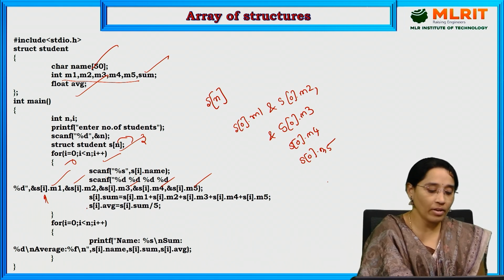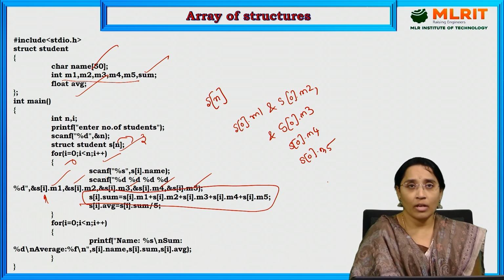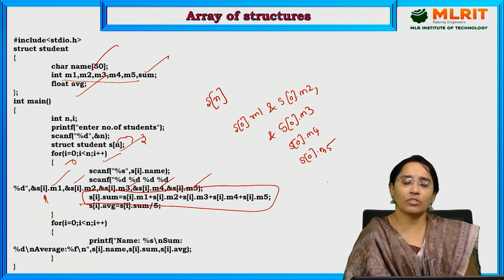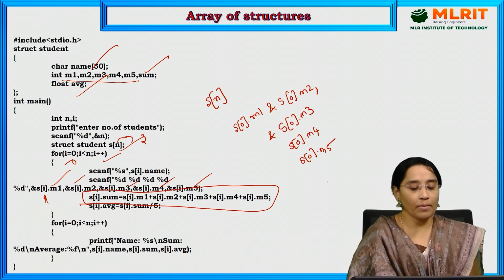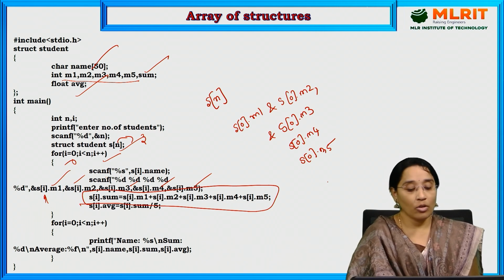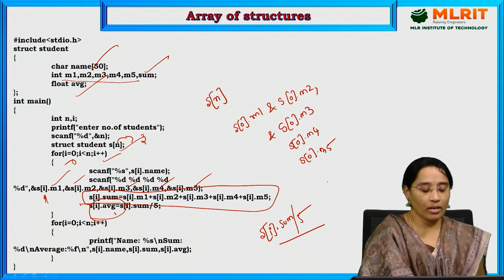Next we will calculate the sum of the student's 5 subjects marks. How will you calculate? Sum is equal to a plus b plus c. The average is equal to sum by 5. The same way, but here we are using arrays. So it is s of i dot sum by 5, and the average is s of i dot average.